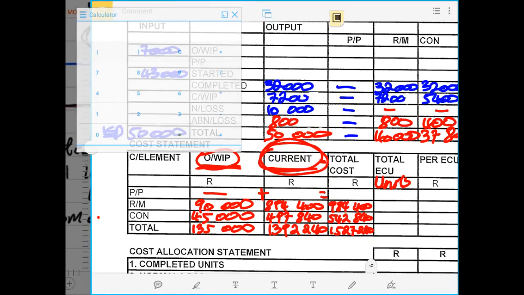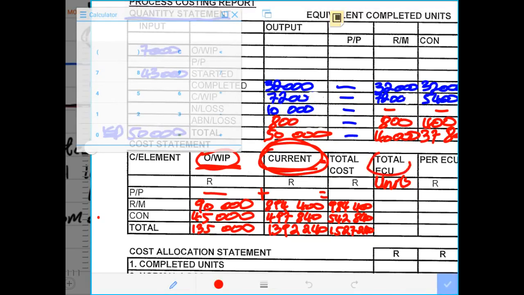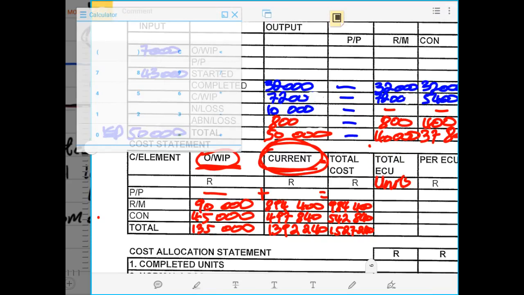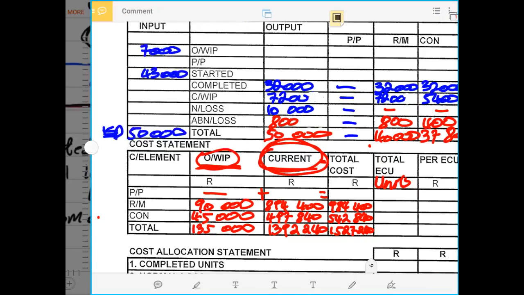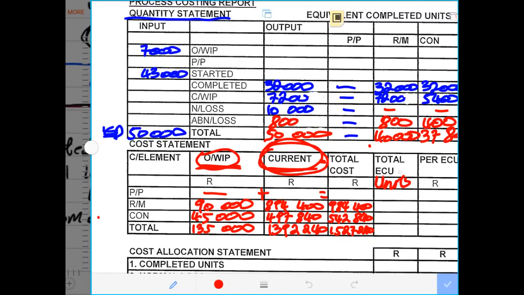Then we need to look at the total equivalent units. I told you that this column is only for the units. Everything is already calculated for us in this case. We don't have the previous department column because we are dealing only with the first process. This column is under raw material.